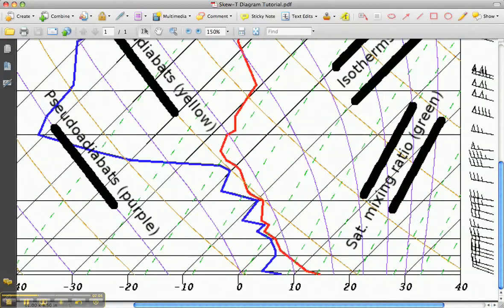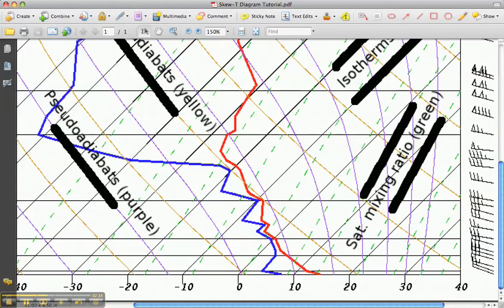So if I had an air parcel sitting on this dry adiabat and it began to move upward, it would follow parallel to this dry adiabat. Now, once it became saturated, in other words, it reached the saturation vapor pressure curve, it will no longer follow the dry adiabat. It will follow the moist adiabat, or what we call a pseudo-adiabat.